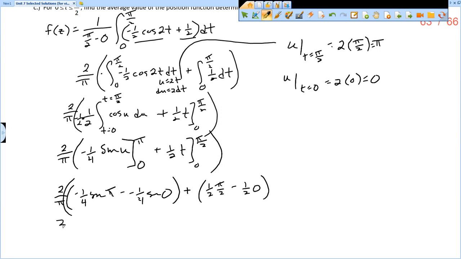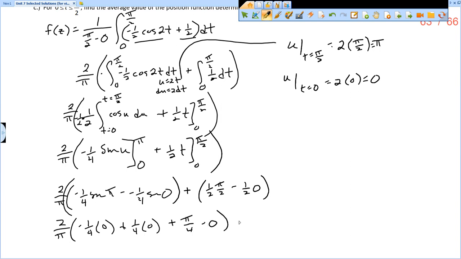So now 2 over pi on the outside, negative 1 fourth sine of pi, which is 0, plus 1 fourth sine of 0, which is 0. And then I have plus 1 fourth of pi, so that'd be pi over 4, and then minus 0.